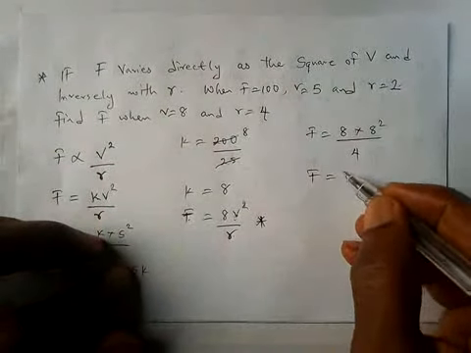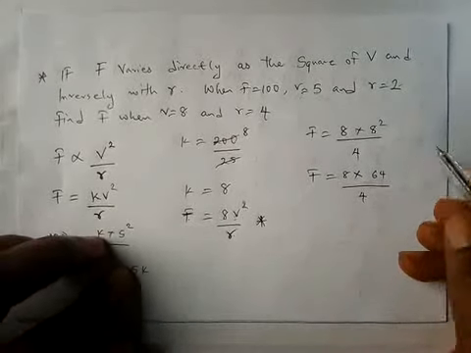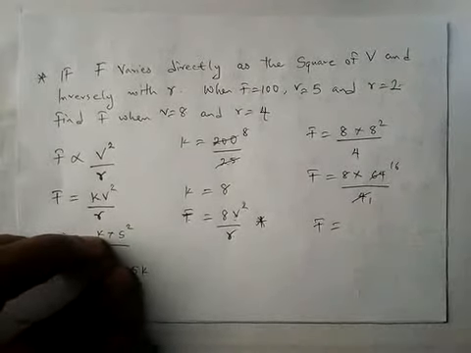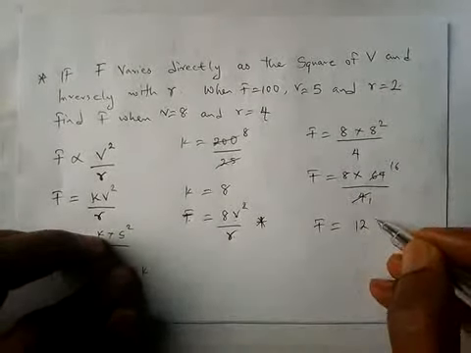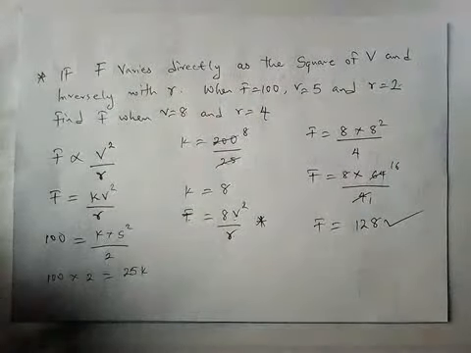So f becomes 8 times 64 over 4. 64 over 4 is 16. 8 times 16 is 128. Okay, joint variation.